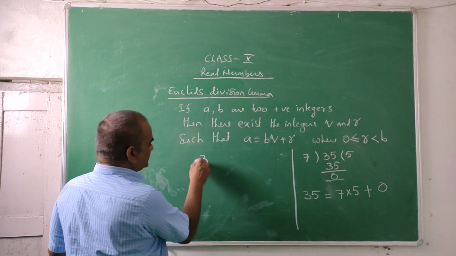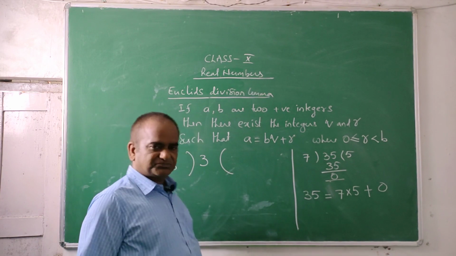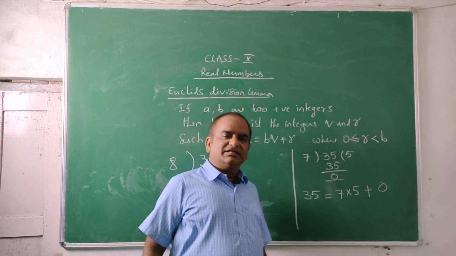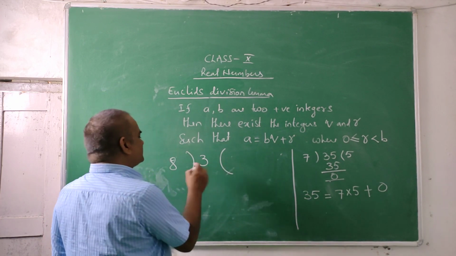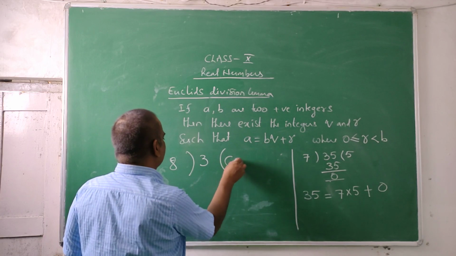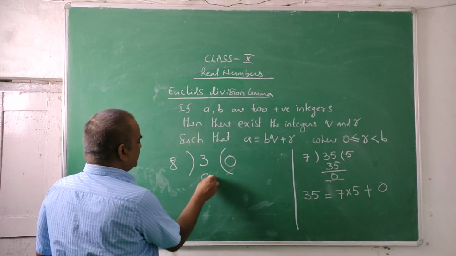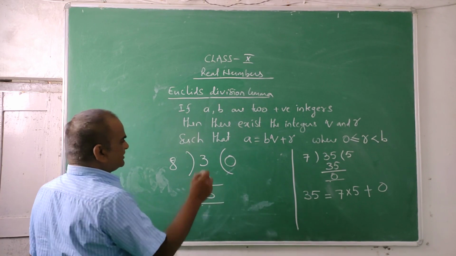When 3 is divided by 8, even 8 ones also exceed 3, so you cannot take 8 ones, you have to take 8 zeros, which is 0, and then you get this 3.